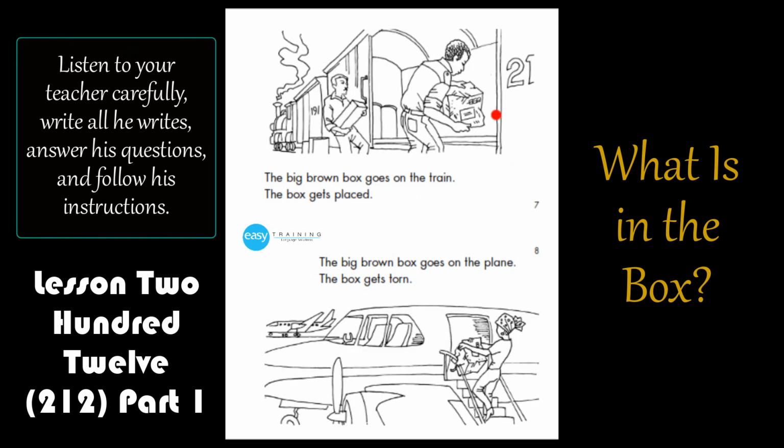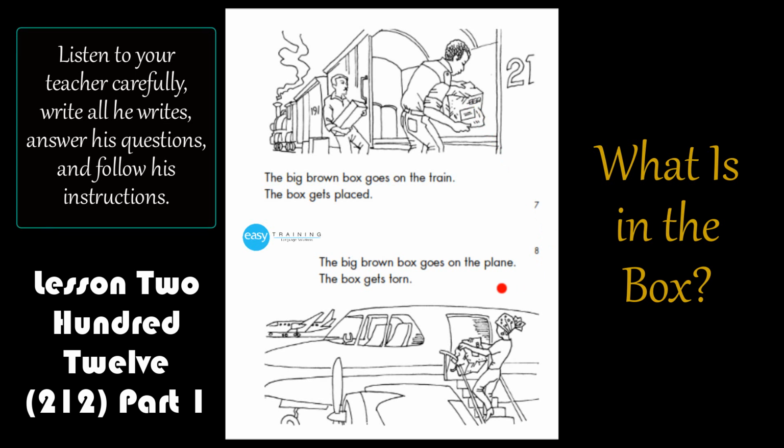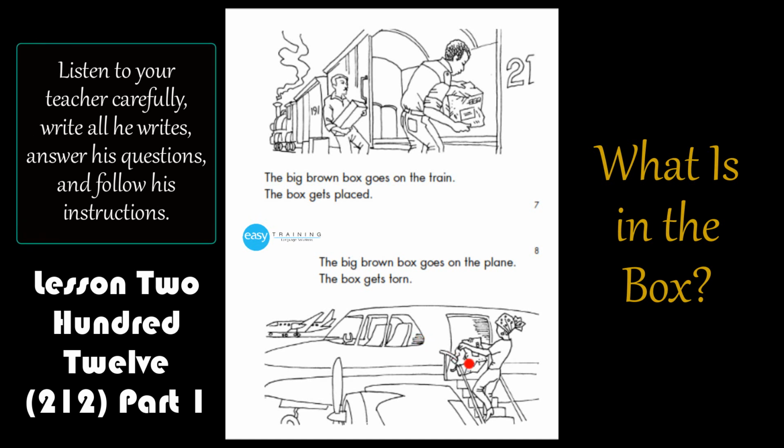Then the box goes on the train. Here is the train, and here is the box. It is being placed. Later, the box goes on a plane, and it gets torn.